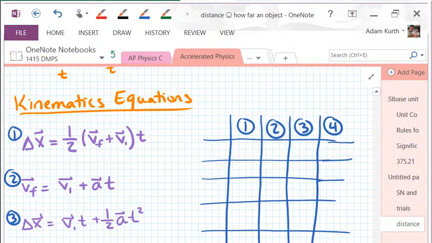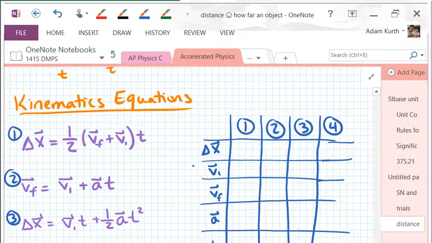And then going down this side here, we're going to make a list of those variables. A list of the possible variables. So I'm going to start with delta x. Let's do VI, VF, A, and T.